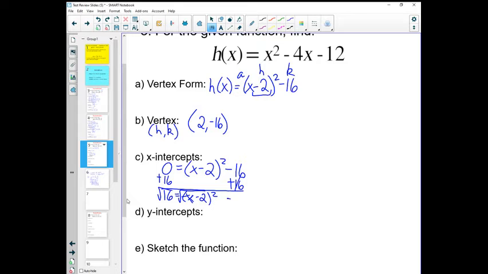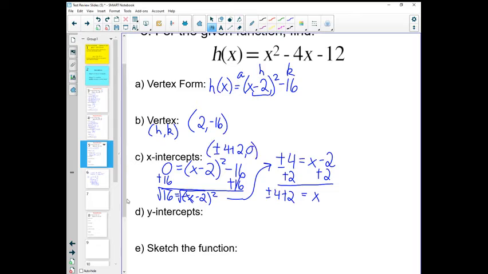The square root of 16 is plus or minus 4. Equals x minus 2. The last step is to add 2 to both sides. That is your x-intercept. Plus or minus 4 plus 2. That is an ordered pair. Plus or minus 4 plus 2, comma 0.